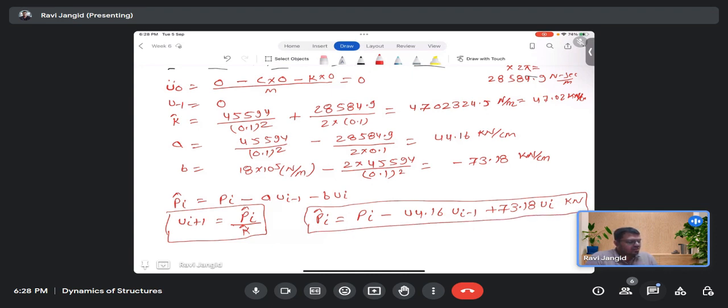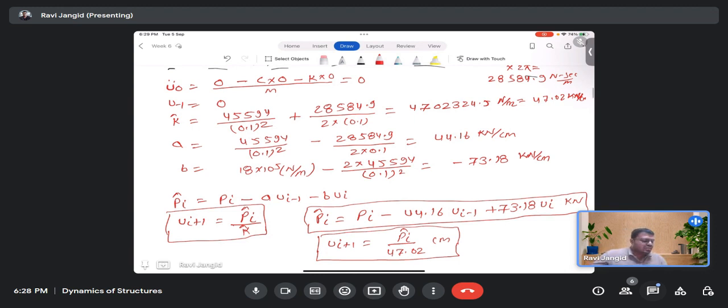So using this pi, I have k cap already, so I can calculate my ui plus 1 using that p cap over 47.02 in centimeter. It will give me in the centimeter. So using this way, I can perform it in each step.